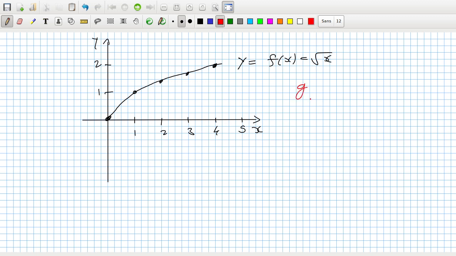We'll call it G90, which equals root of x plus 2, which equals f of x plus 2, which is the original graph but moved 2 units to the left. So I'd have to go back 2 units.